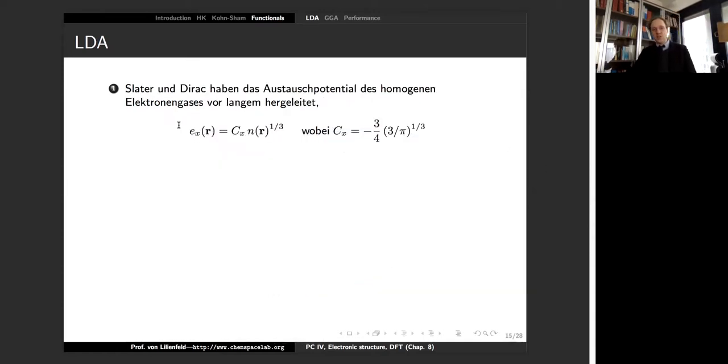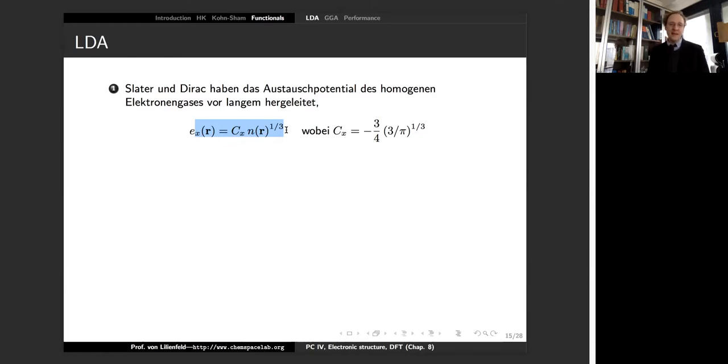Now, the exchange part is actually well known. As the name would suggest, this is what comes out of Pauli's exchange rules, and Slater and Dirac, a long time ago, have shown this already.